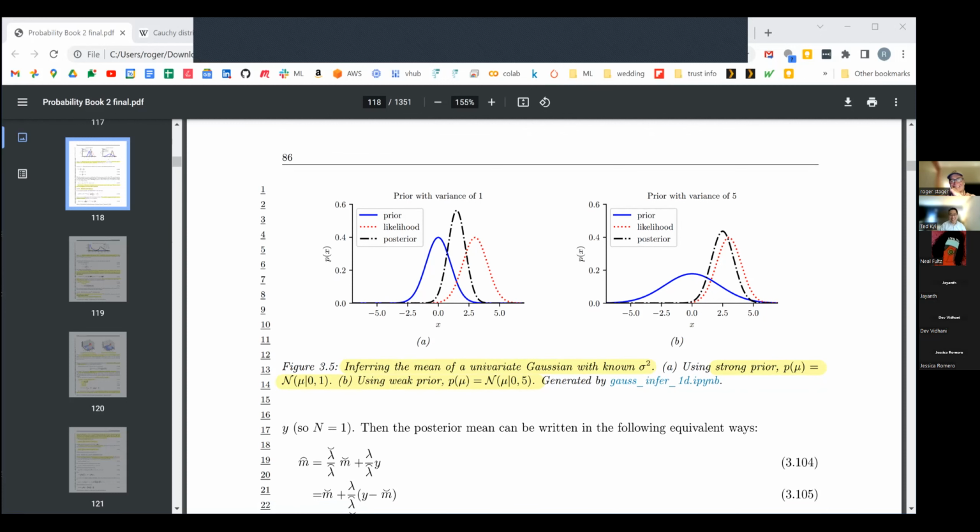Right. Okay, this was the quick picture then, with a weak prior over here and a strong prior over here. So it captures what you said, Neil, about how in this case the posterior is very similar to the likelihood.